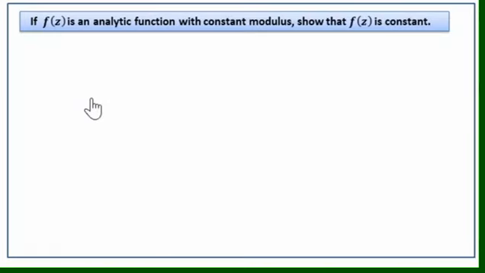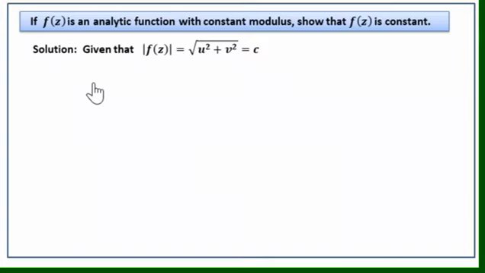Next problem, if f(z) is an analytic function with constant modulus, show that f(z) is constant. So here given f(z) with the constant modulus, we need to show that function f(z) is a constant function. So start with this, we have f(z) equal to u plus iv, so that modulus of f(z) is root of u square plus v square, and suppose this equal to c.